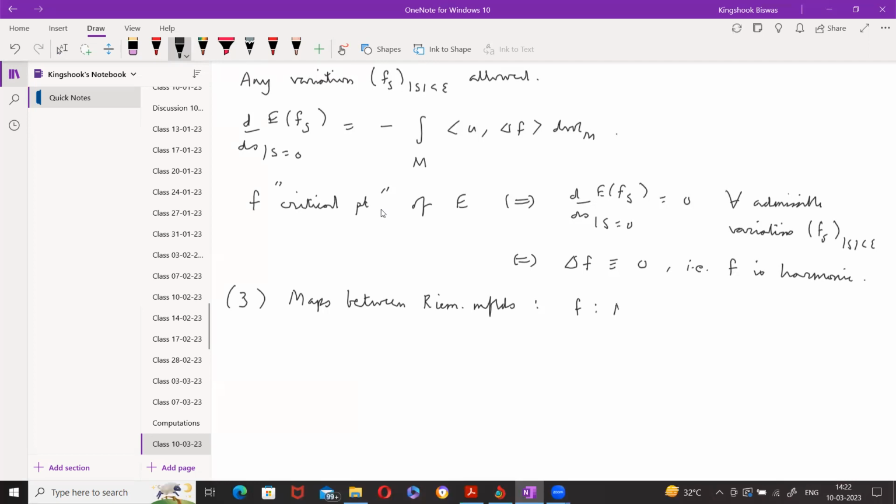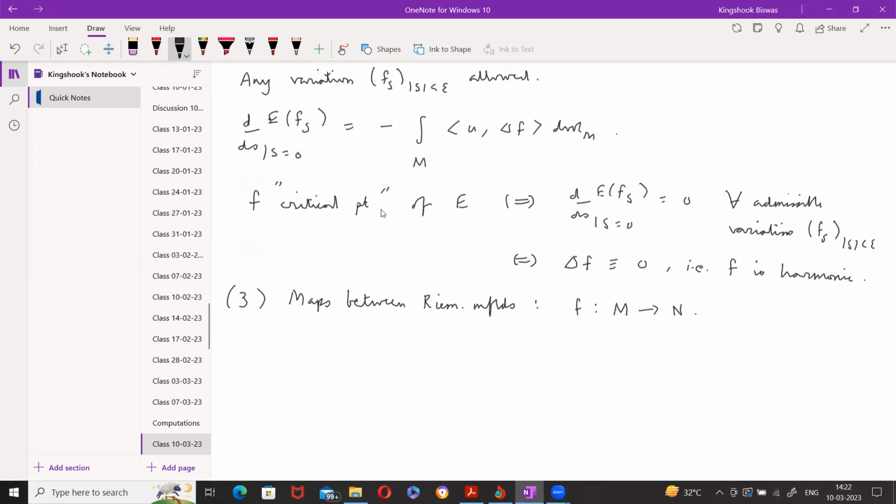So f is a map from a Riemannian manifold M to a Riemannian manifold N. The first question is, how do we define energy?